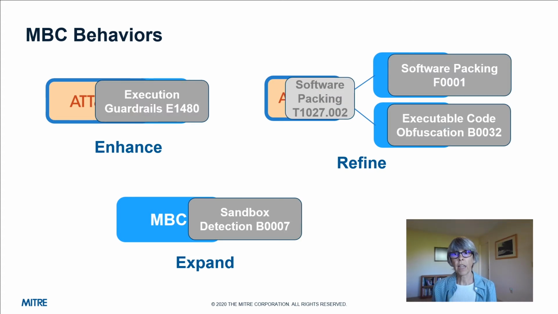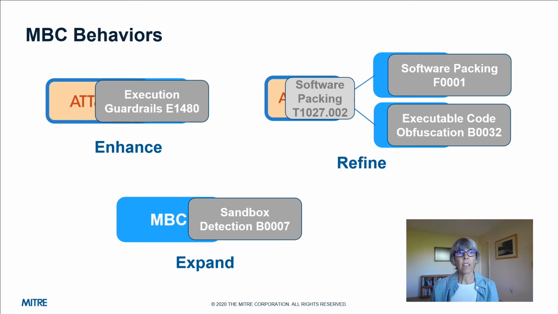So in some cases, we've enhanced an ATT&CK technique, and that's the malware behavior. It extends ATT&CK's description to cover some specific aspect of malware. In other cases, we found that an ATT&CK technique was too broad, so we refined it and defined multiple behaviors. There's an example there of software packing.